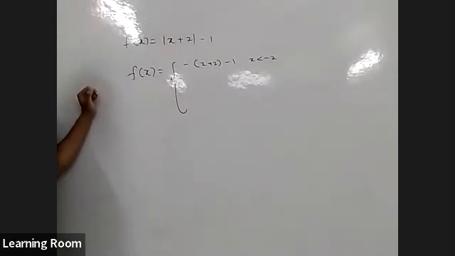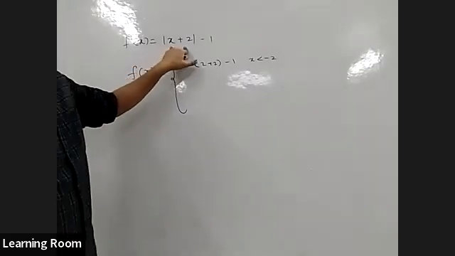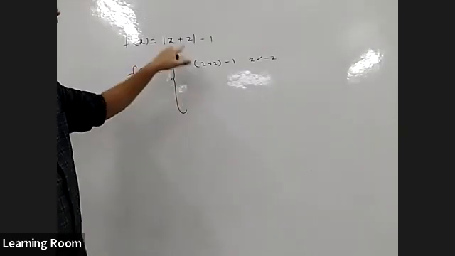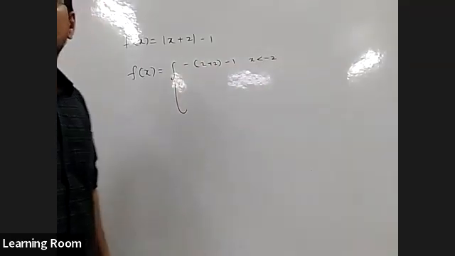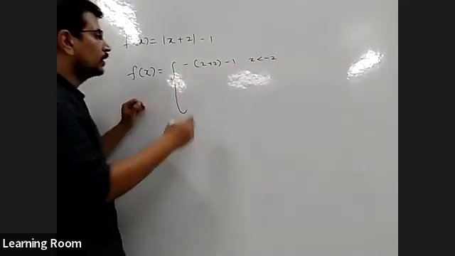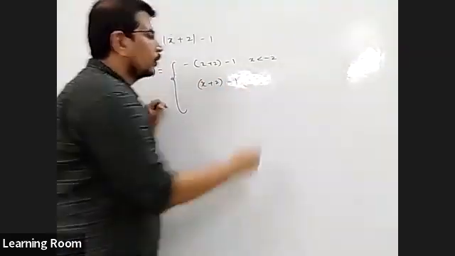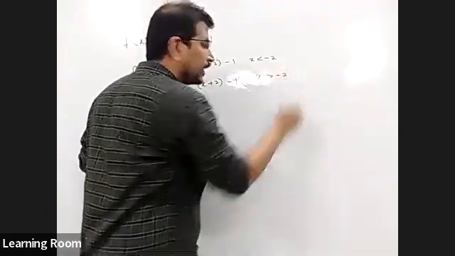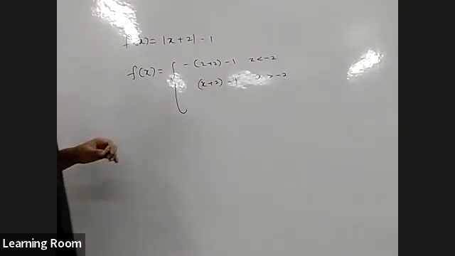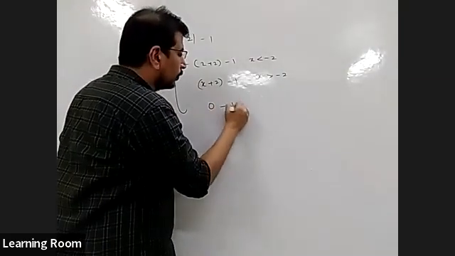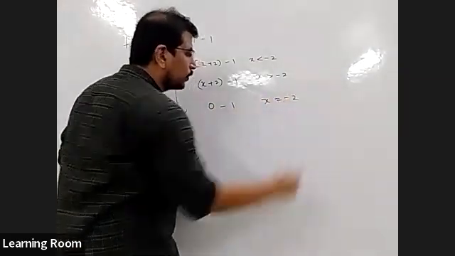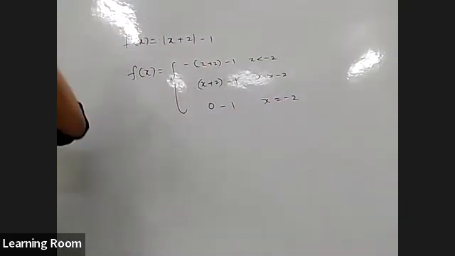How did I get that? See, modulus of any function is negative if the value inside it is negative. Or it is x plus 2 minus 1 when x is greater than minus 2. It is 0 minus 1 when x is equal to minus 2. Correct? Are you able to understand?